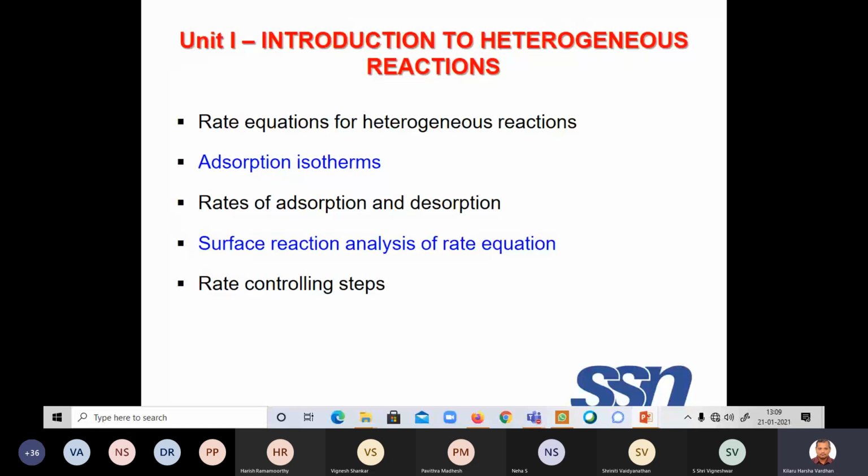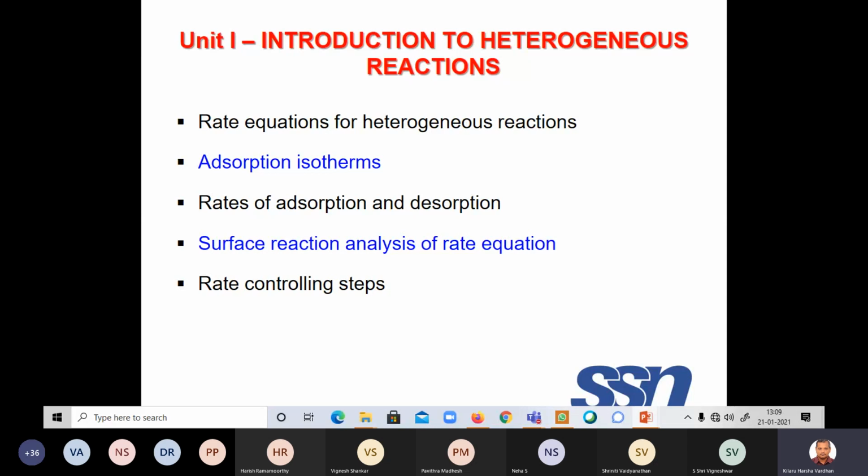So this is unit number 1, introduction to heterogeneous reactors or reactions. First we'll see how to write the rate equations for heterogeneous reactions. What are heterogeneous reactions? What are the different types of heterogeneous reactions?